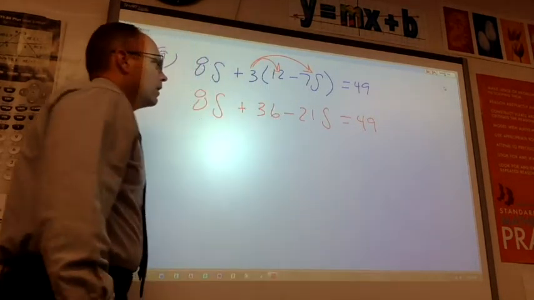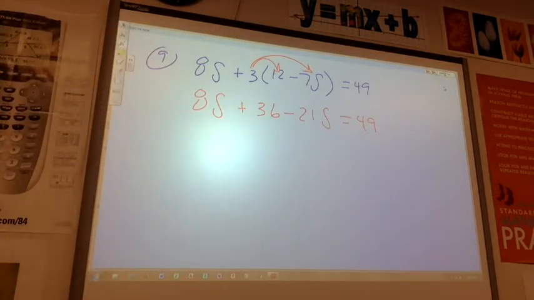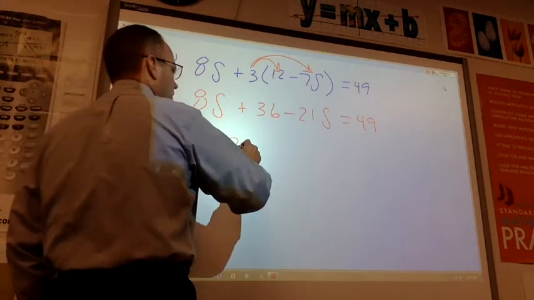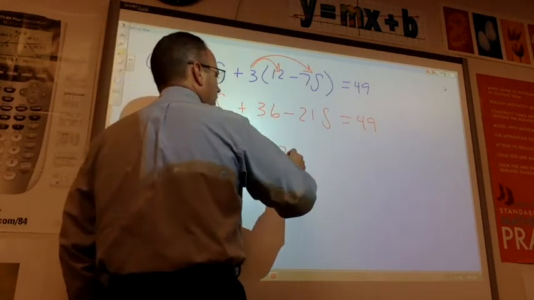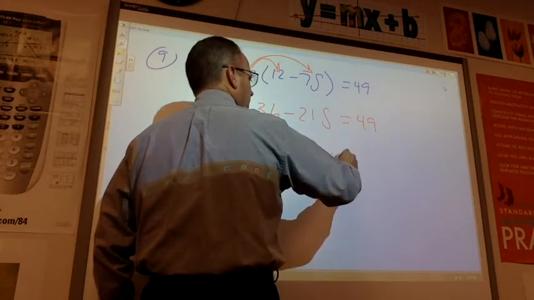Is that all right? Do we follow what we have done so far? I think I have a couple of like terms on the left side. 8s and negative 21s. I agree. If I combine those together, what do I get? Negative 13s. Negative 13s plus 36 is equal to 49.